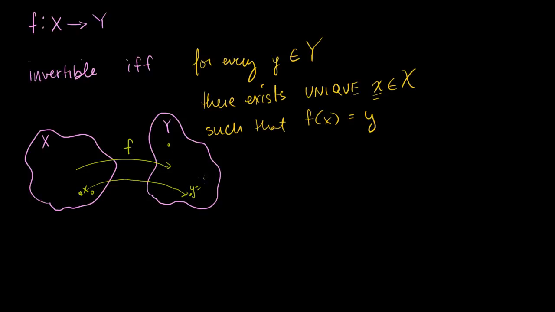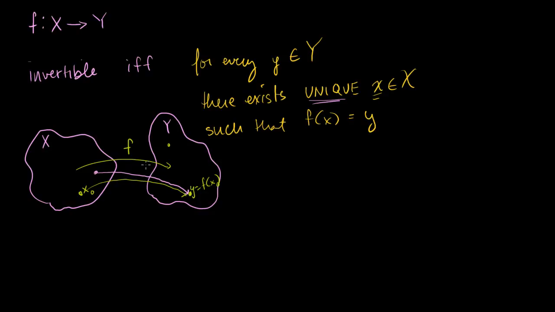You apply the function, it maps to this point here. It wouldn't be invertible if you had two members of x mapping here. That would break invertibility, because you wouldn't have the unique condition. You have to have a unique x that maps to this thing, and with this other pink mapping, we have two x's that map to y.